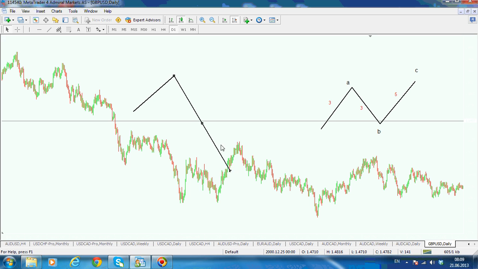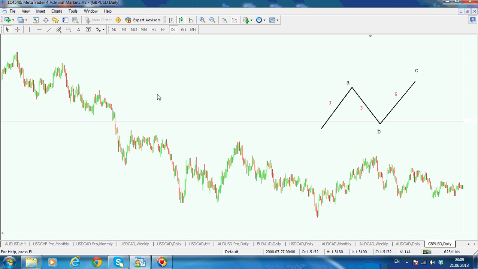So the maximum distance for the B wave is 2 times wave A. Let me delete this one. Then wave B must be less than 10 times wave A.